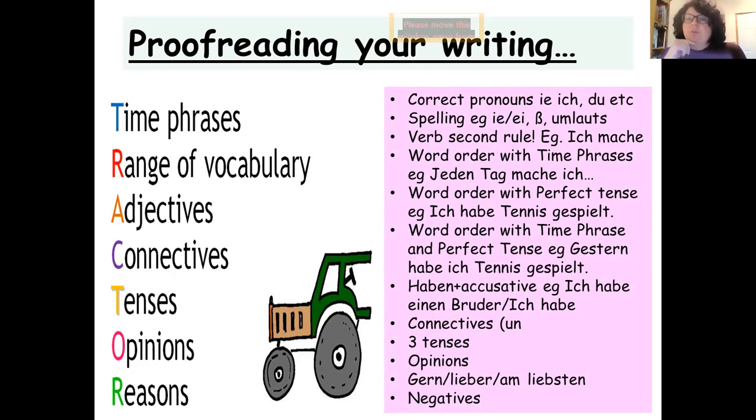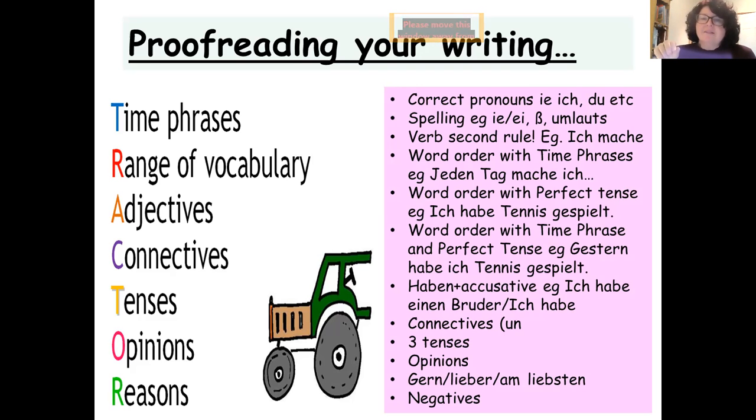Check your word order with the perfect tense. So ich habe Tennis gespielt. Remember that the past participle is always at the end of the sentence. So I played tennis. Gespielt is at the very end. So check your word order with your time phrase and the perfect tense.